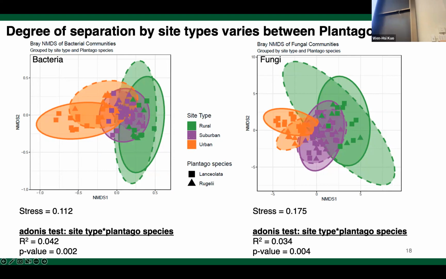The urban sites are clustering with each other, but there seems to be some separation once you add another layer of the Plantago species. Same here with the rural, and this is again reflected in the fungal data as well. The permanova results again show that this interaction does seem to be significant.